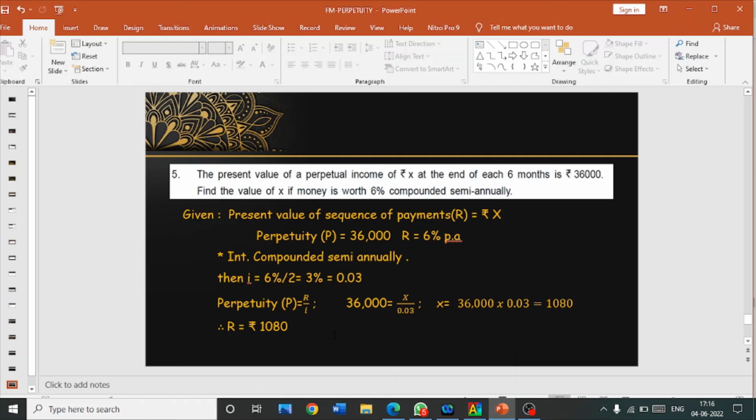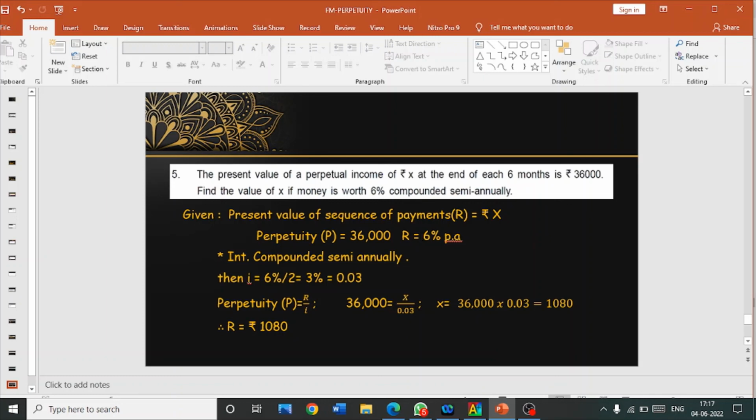Find the value of X if the money is worth 6% compounded semi-annually. So we know the cash flow is taken as X and the present value of the perpetuity is 36,000. Rate of interest is 6% per annum. So when you make it semi-annual, R equal to 6%, I equal to 6% by 2, that is 3%, which is 3 by 100, 0.03.